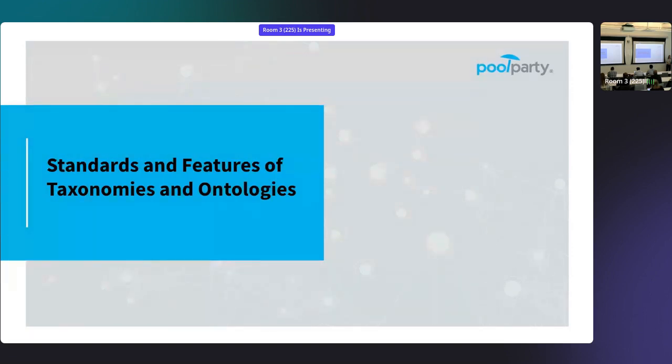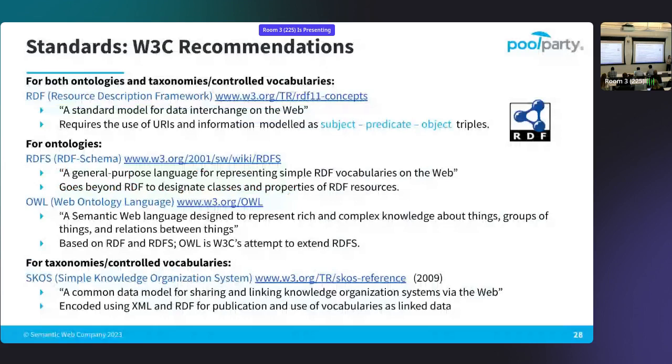All right, so I've touched on standards. I want to get a little deeper into them and the features of taxonomies and ontologies. These come from the World Wide Web Consortium. They're both based on RDF, Resource Description Framework, which I've already explained. Then for ontologies, there's also RDF Schema or RDFS, which goes beyond RDF for representing vocabularies by explaining classes and properties.